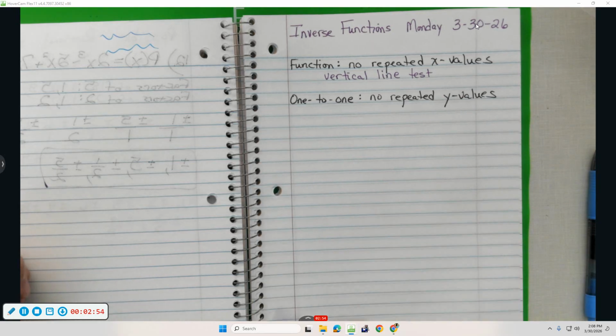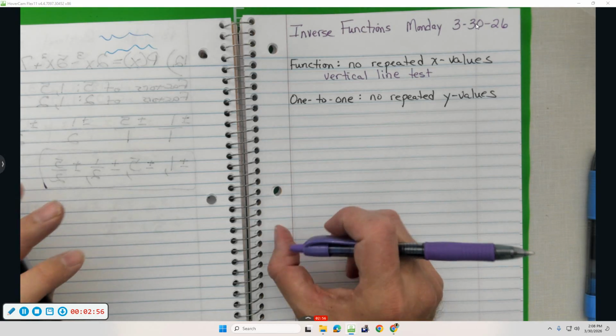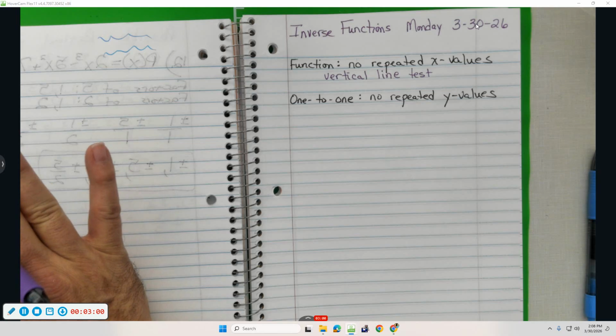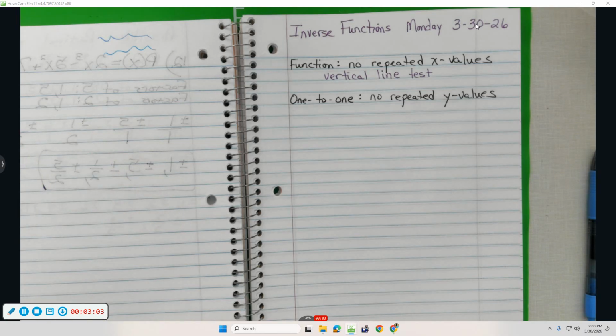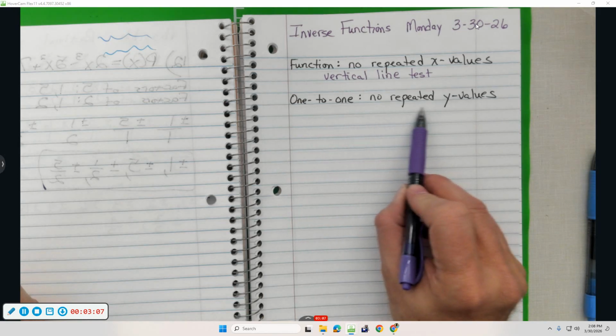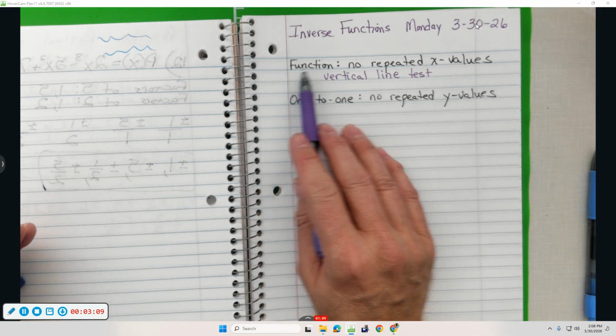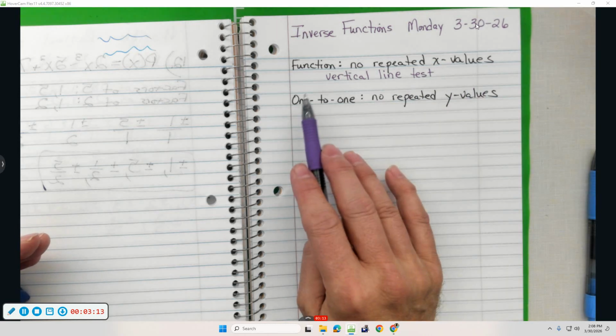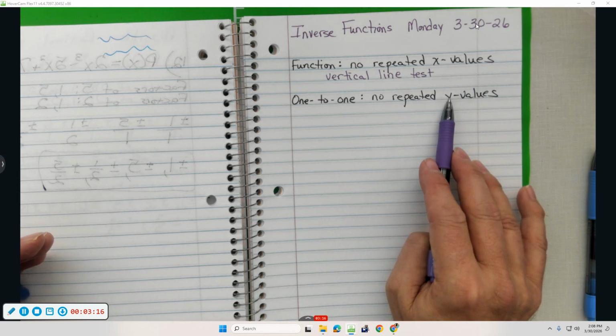The key to any IQ test, if you look at any IQ test, it involves patterns. Okay? So I'm wondering if y'all can figure out what I'm going to write right here based on the pattern. I said function, no repeated x value. One-to-one, I changed the x to y.